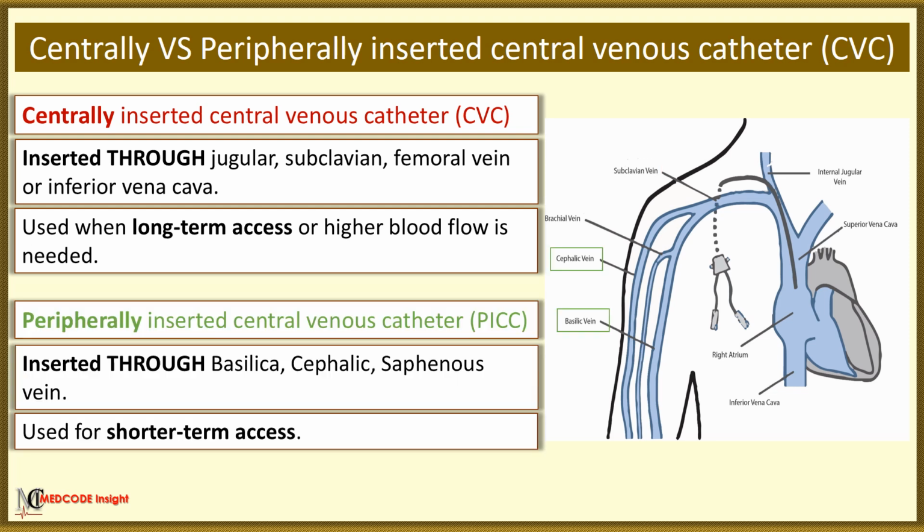A peripherally inserted catheter is inserted through smaller veins, usually further from the center of the body. Common veins for this type of insertion include basilic vein, cephalic vein, or saphenous vein. Peripherally inserted catheters are often used for short-term access.